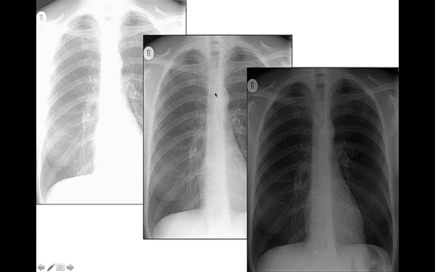So how can you know that this one is optimally exposed? The vertebral bodies should be visible just behind the cardiac shadow, but not so prominent.